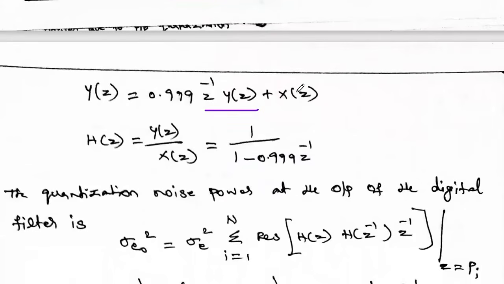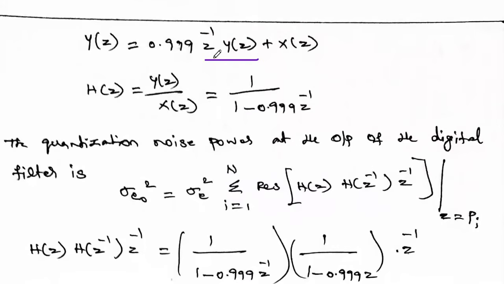Okay, so here you just collect the Y of z term on one side and the X of z term on the other side. So this term, 0.999 z inverse into Y of z, you give it to the left side. Then you take Y of z outside, so Y of z into 1 minus 0.999 z inverse equal to X of z.